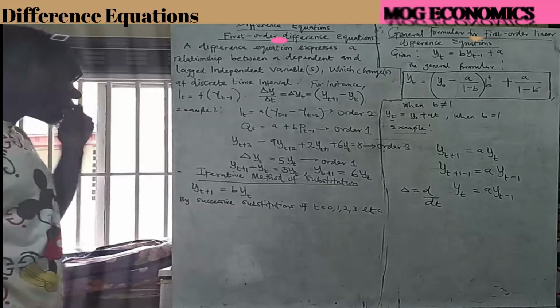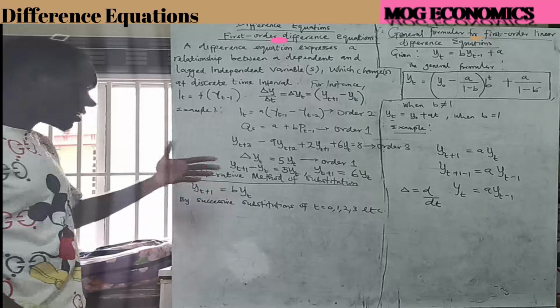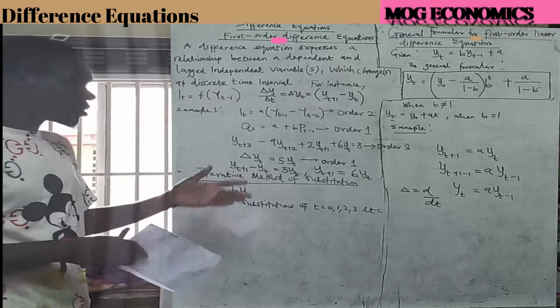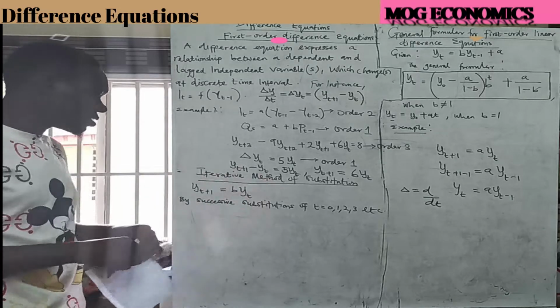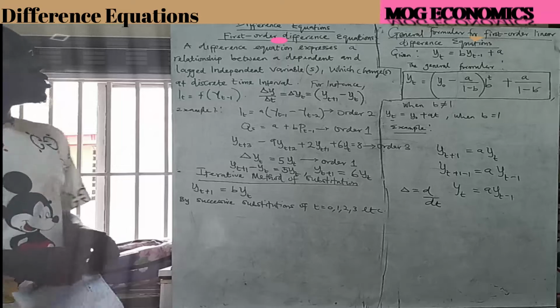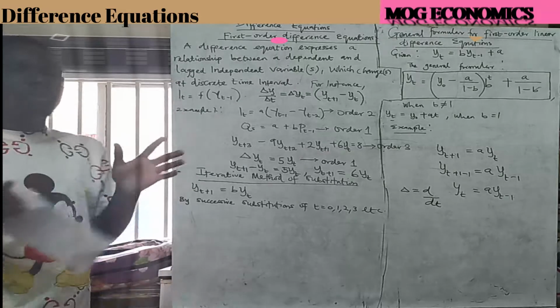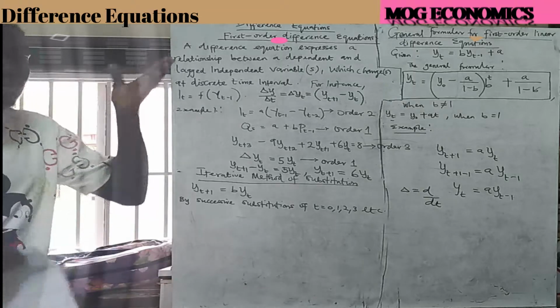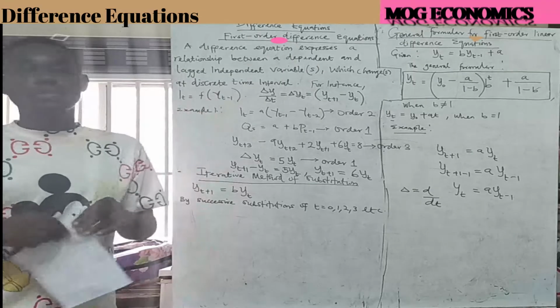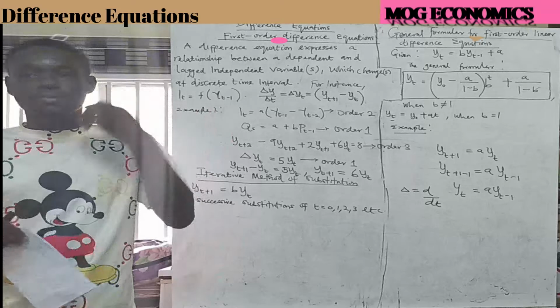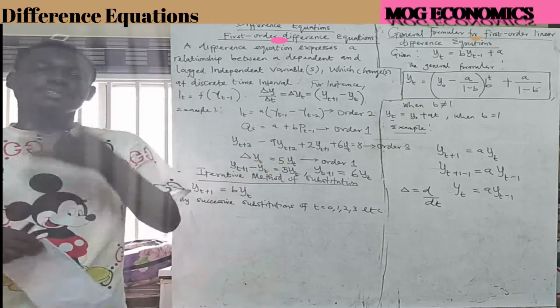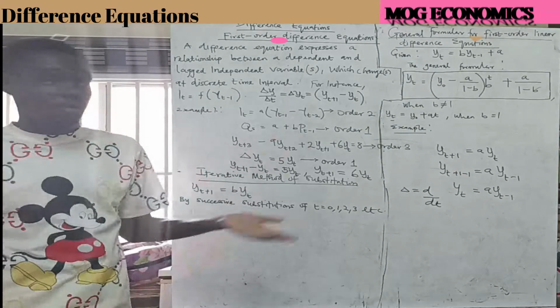Now very quickly we are going to look at the iterative method of substitution. For the difference equation, there's actually a general formula, just like in previous classes where we came up with formulas for the Maclaurin and Taylor series expansions of functions.